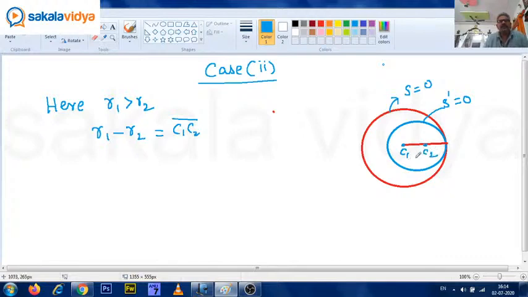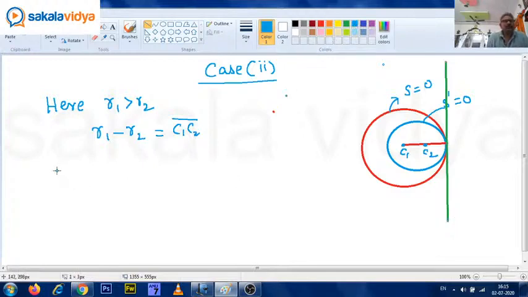C1 C2 will be equal to R1 minus R2, the difference of the radii. Then how many tangents can be drawn? Here we can draw one tangent. One tangent can be drawn.